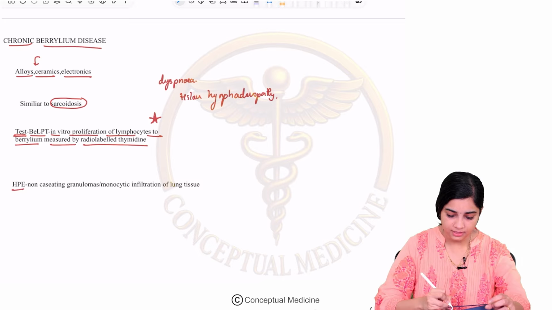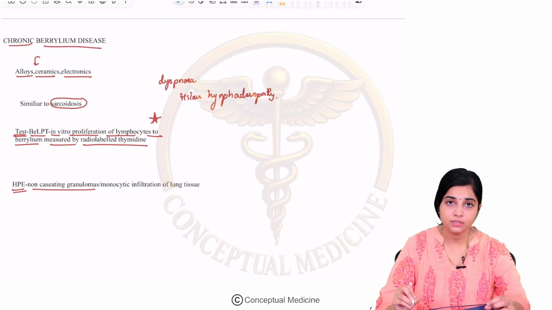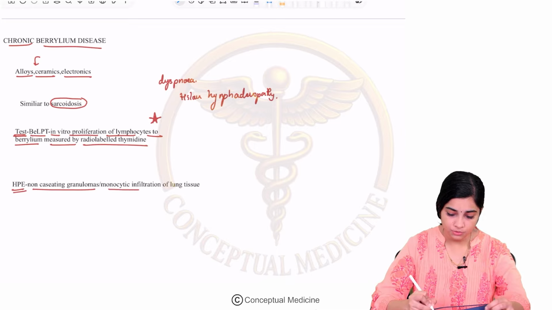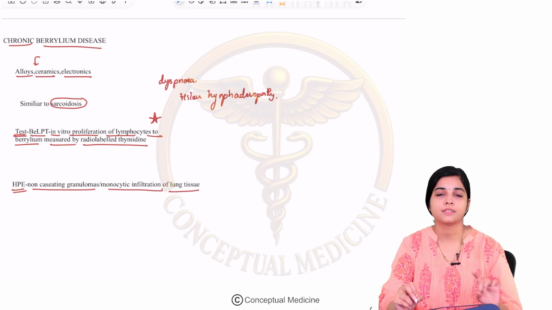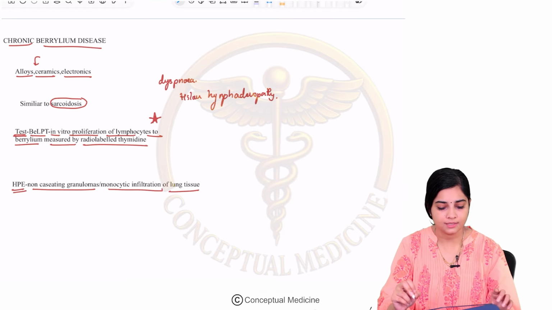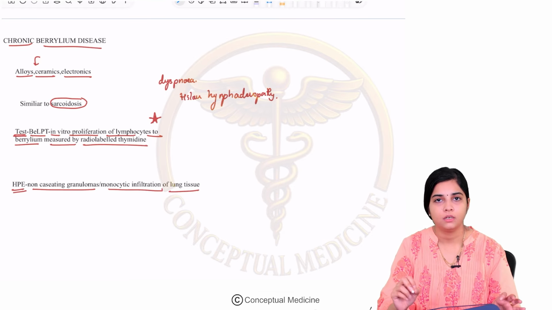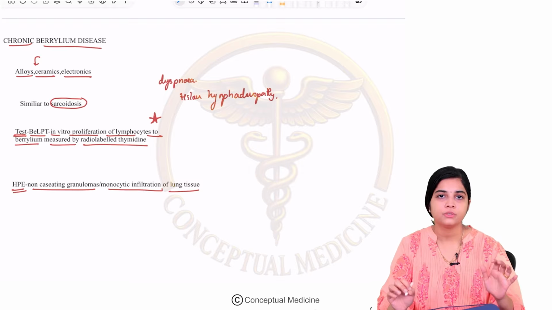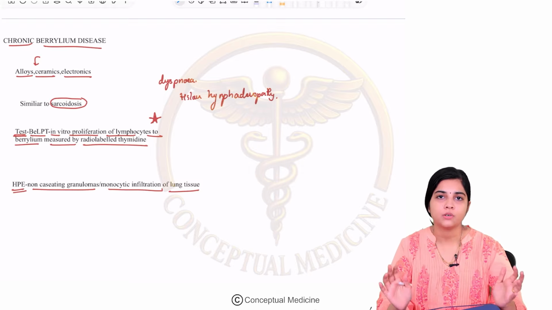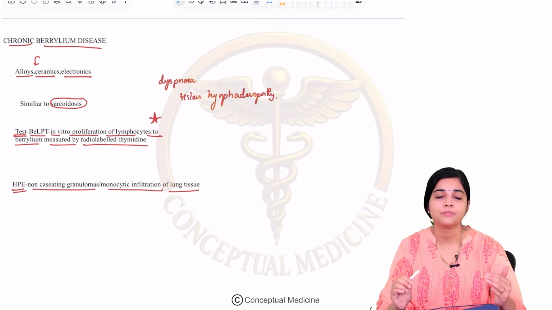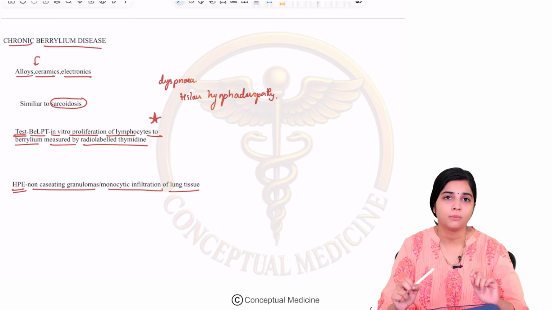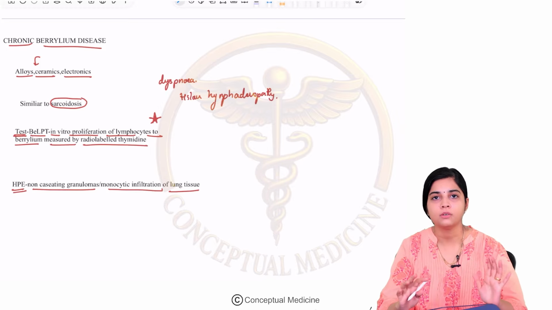On histopathological examination, again you can find non-caseating granulomas and mononuclear infiltration of lung tissues. So the most important test to differentiate sarcoid from beryllium associated lung disease is your BeLPT. Okay, clear? So this is about your various occupational related lung disorders. This was a short session, but we have learned the most important points for the 4 most common occupational related lung hazards. Thank you.